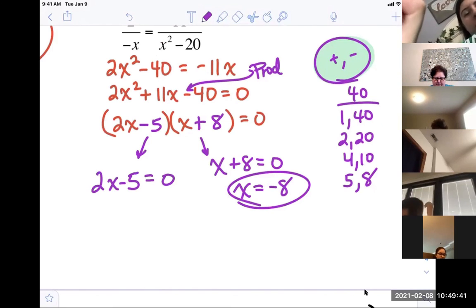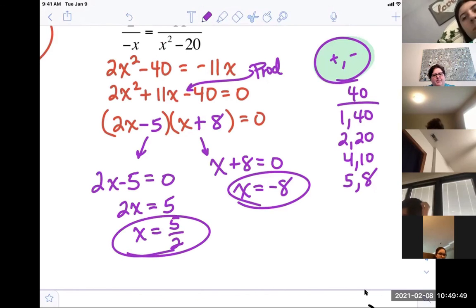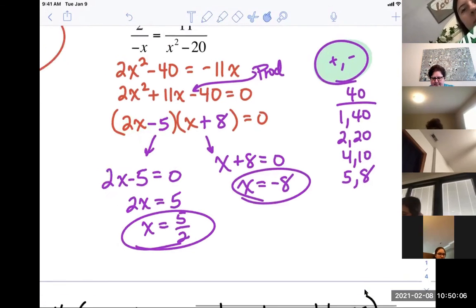So x is what? 2.5. Yeah, 5 halves or 2.5. So when there's a coefficient in the front here, it's not just going to be x equals 5, right? It's going to be x equals 5 halves. So just watch out for the ones that have the leading coefficient in the factor. It's not going to be just the opposite of the number at the end of the parentheses there.